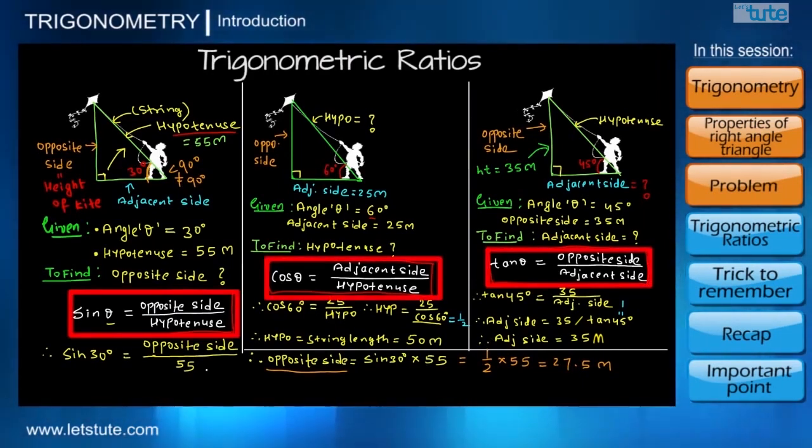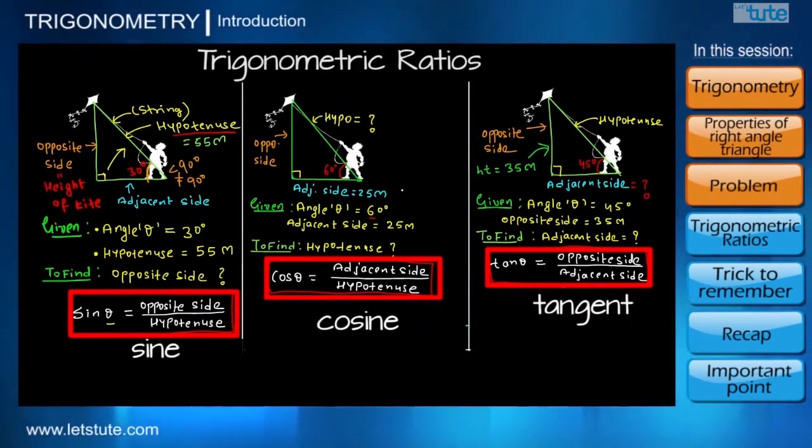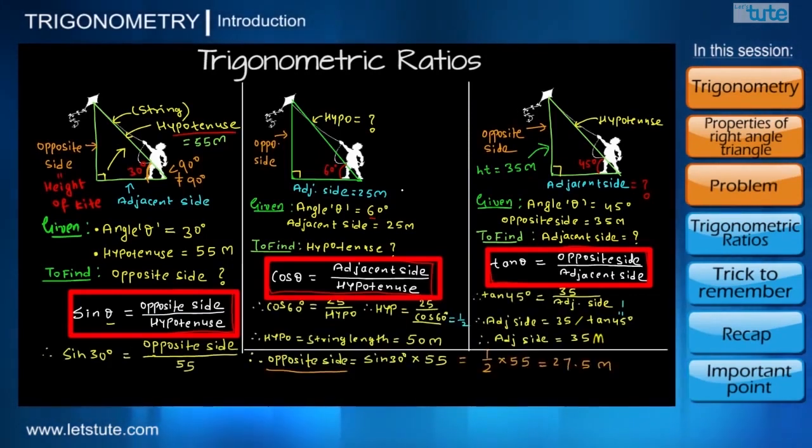Note that here sin, cos and tan are short forms of sine, cosine and tangent. These three formulas are nothing but one side of a triangle divided by another side and are known as trigonometric ratios.